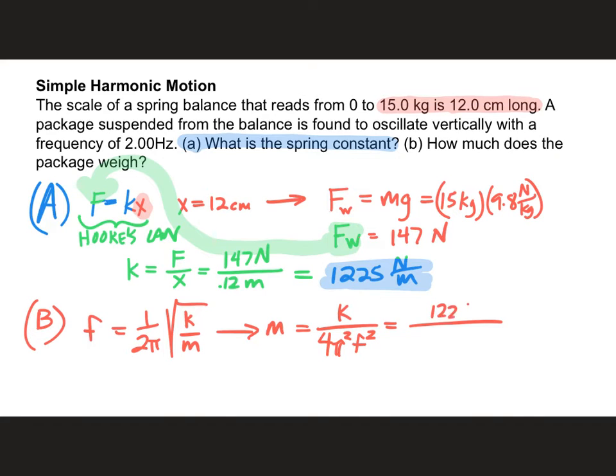So we'll have 1225 over 4 pi squared times 2 hertz squared. I'm not going to throw all of the units in. And what you'll get out of this is 7.76 kilograms. That would be what the mass of this object is on this spring with that spring constant oscillating at the given frequency.